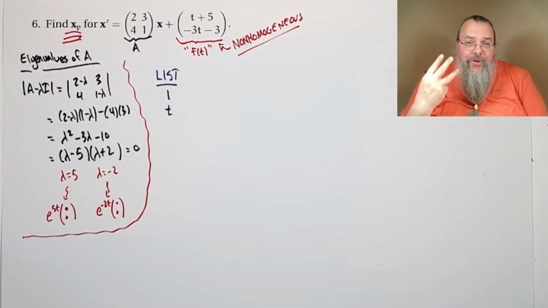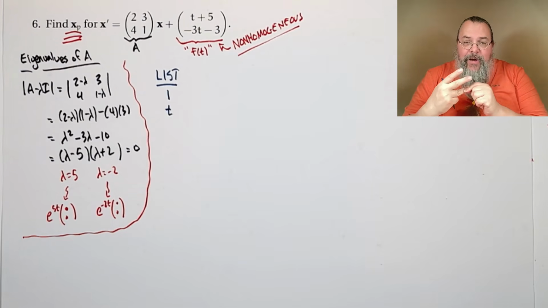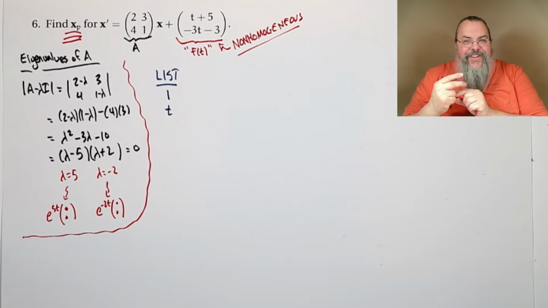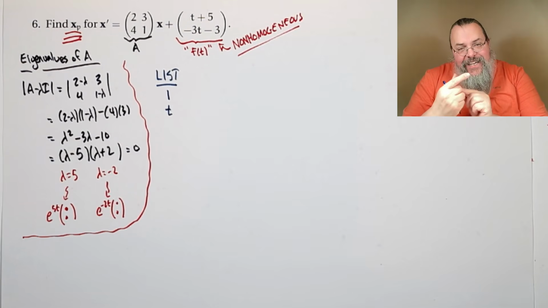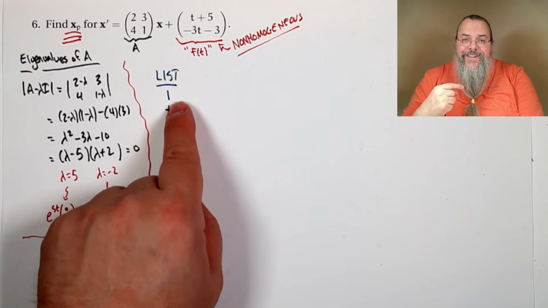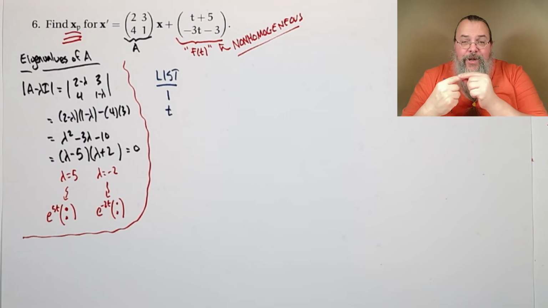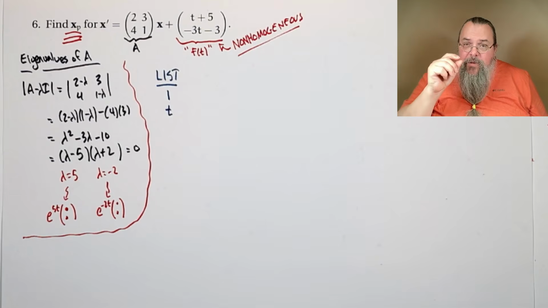And now we check three things. I'll do an easy one. Do sines and cosines come in pairs? Yes, because there are no sines and cosines, so they come in pairs. When I have something with the power of t in front, do I have all the lower powers of t? Yes. Here's t. The lower power of t is t to 0, which is 1. Do I have overlap with xc? Now, for xc, I don't need to look at the eigenvectors.